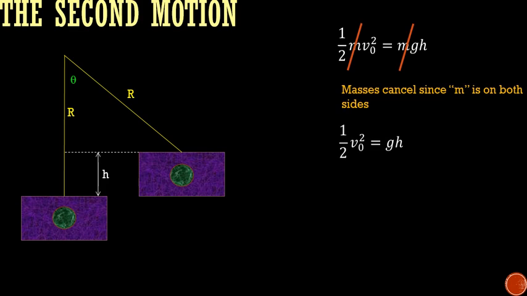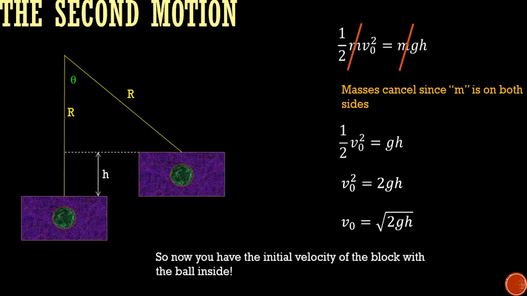And you're left with 1/2 v naught squared equals gh. If you divide both sides by 1/2, you'll end up with v naught squared equals 2gh, because when you divide both sides by a half, you're actually multiplying it by 2. And then when you take the square root of both sides, you will get v naught equals the square root of 2gh. So now you have the initial velocity of the block with the ball inside of it.